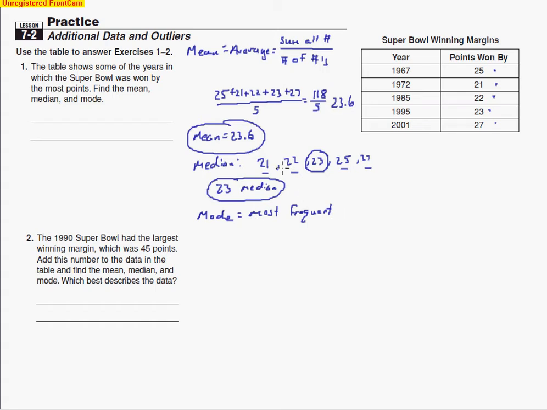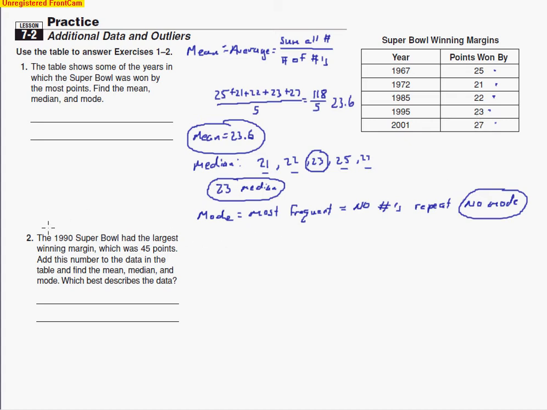Here we look at these numbers and we don't see one that repeats. Well, when no numbers repeat, that means we have no mode. So that's the answer in this case. If we had a number that repeated, let's say this 27 was a 23 instead, then 23 would be the mode. But in this case, there's no mode.